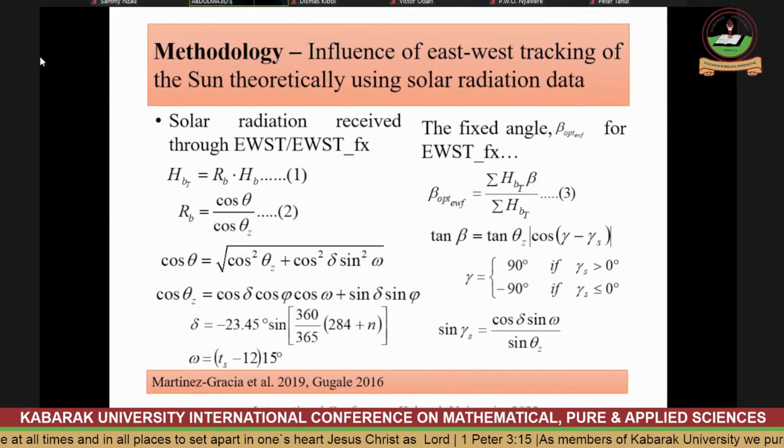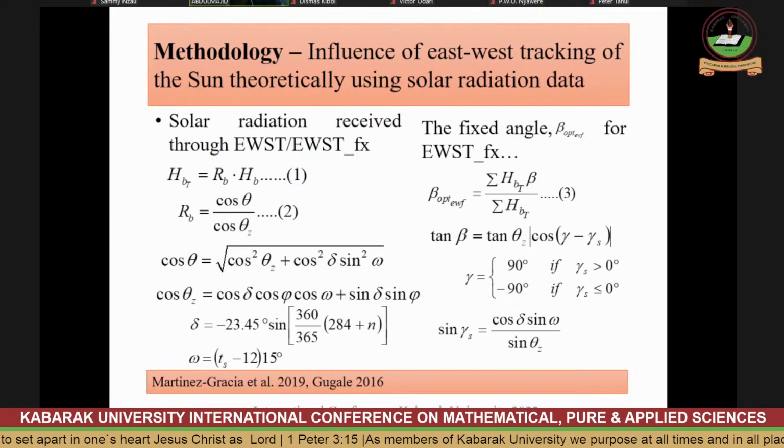So this is the relation which enables us to find the radiation received by a tilted panel from the solar radiation falling on the horizontal panel. In this case, we have used the beam or direct solar radiation.